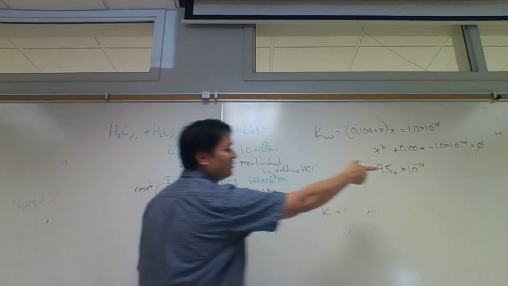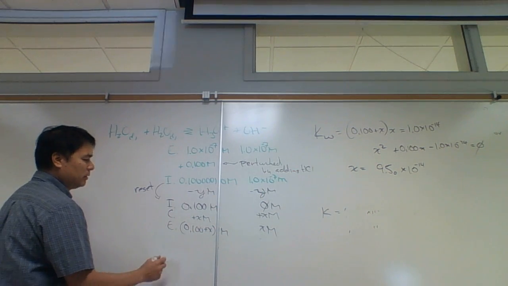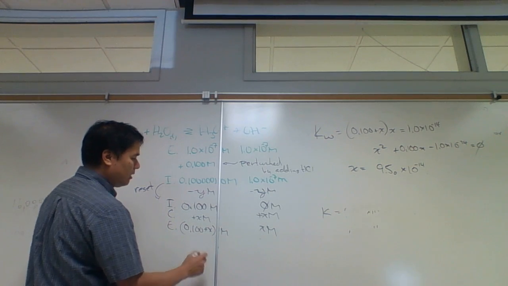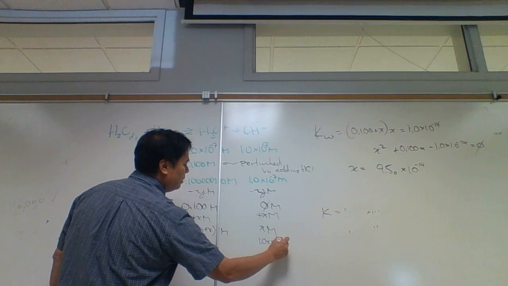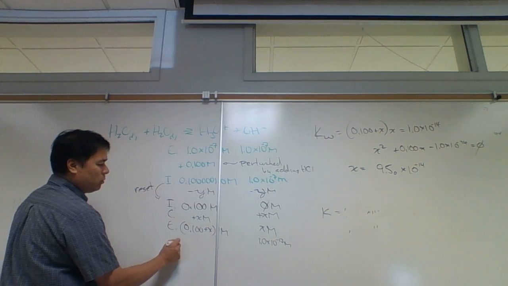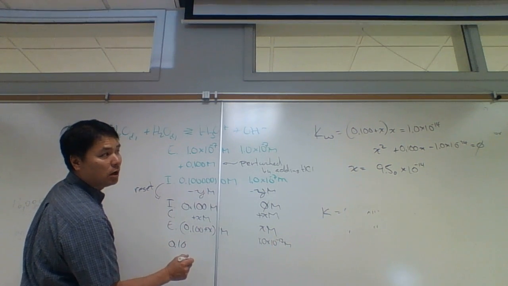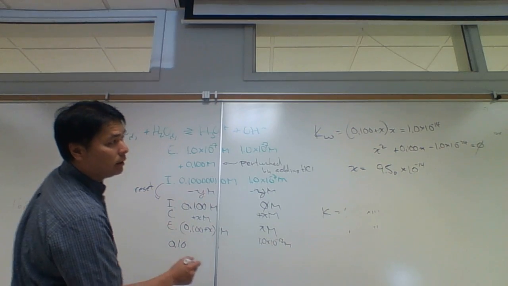If we use that number that we got from the simplifying assumption, then this is going to be 1.0 times 10 to the negative 13, and this is going to be 0.10.